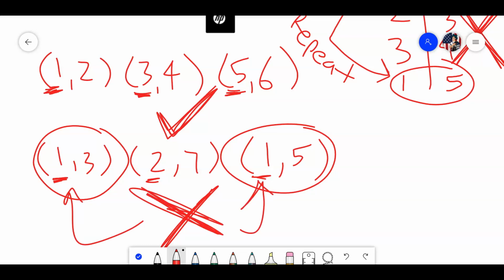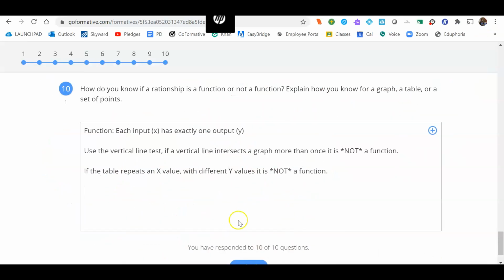So it's very similar to the table. If the x value repeats with different y values, it is not a function.